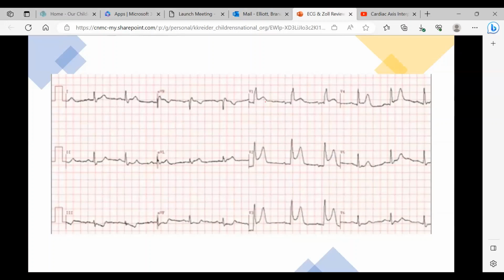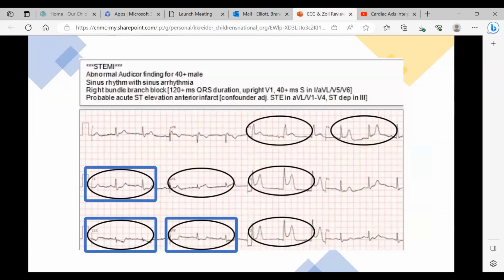I don't know how the reading comes across, which would be anterior. Okay, anterior, survey says anterior. You picked up the elevation V1 through V3, up to V4, and then the reciprocal changes in 2, 3, and aVF.